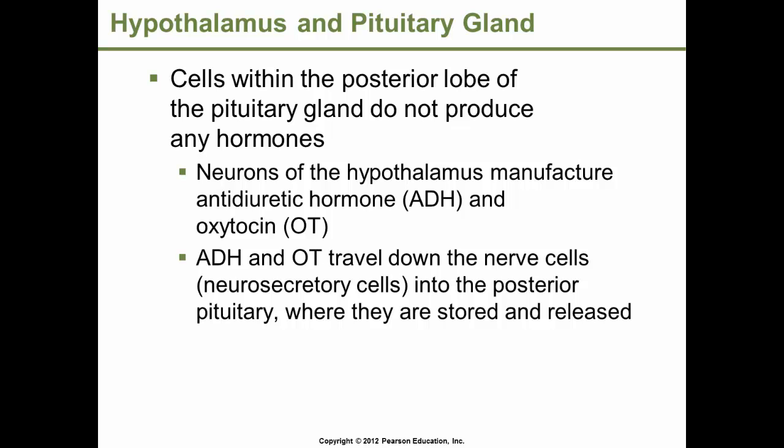The posterior lobe is very small. It has that neural connection instead of that circulatory connection like the anterior pituitary gland. So basically the posterior lobe is just a storage, but does not produce any hormones, although it does release those produced by the hypothalamus.